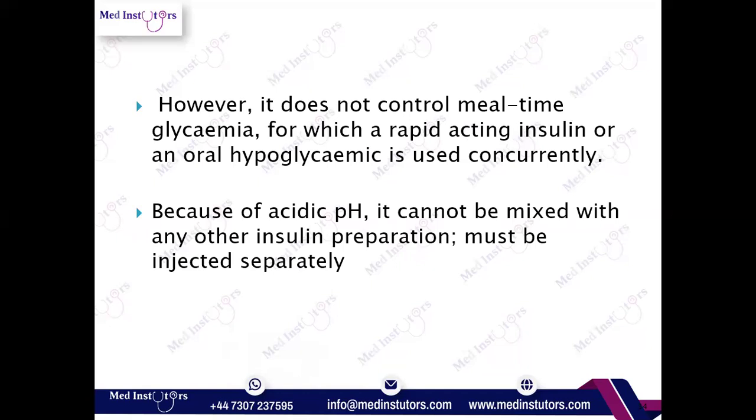Glargine is stable at acidic pH, and other insulins have a neutral or basic pH, so it cannot be mixed with the other insulin preparations, and glargine must be injected separately. It shouldn't be mixed with other insulins in the same syringe. That is a very important practical point, and also an important point in your examinations.